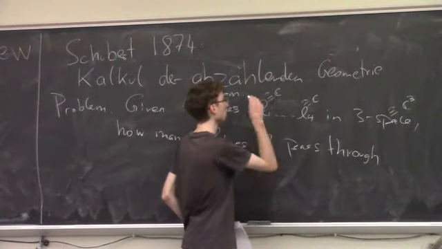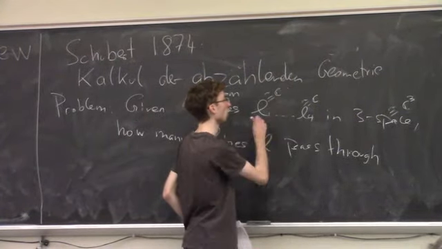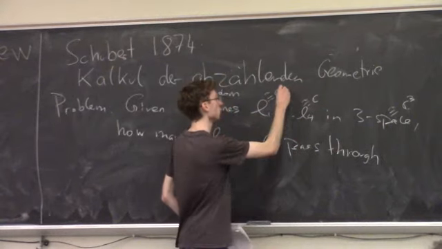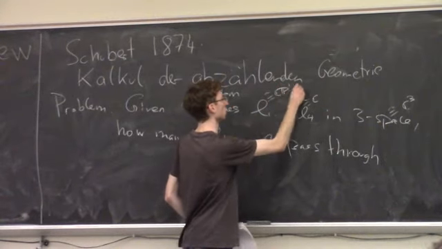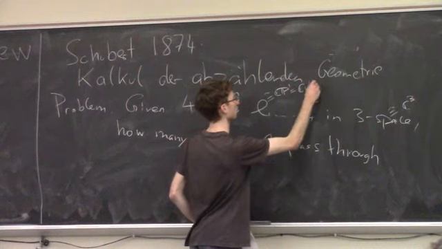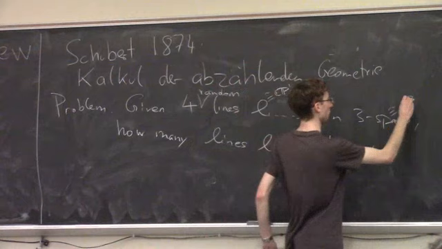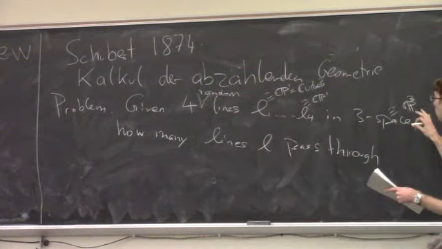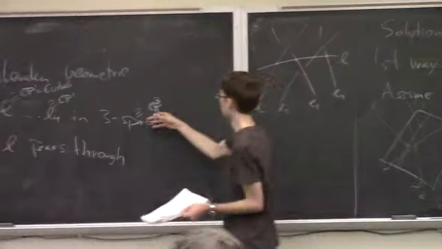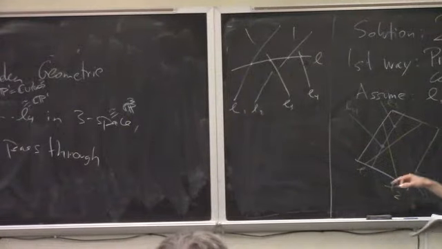And also, it is useful to compactify everything, to work with the complex projective line, which is the Riemann sphere, where you add a point at infinity. And to compactify everything, you replace 3-space by complex projective 3-space.